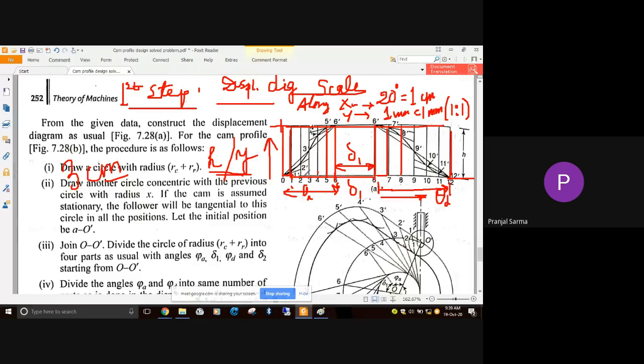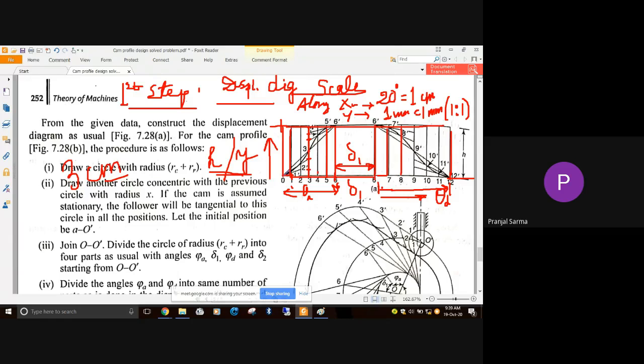Next thing is, for drawing the displacement diagram for uniform acceleration and retardation scheme, you have to consider the mid vertical line, that is the third line, this one. Whatever number of divisions you have done here, that is 6, you have to mark 6 equally spaced divisions here also. Suppose somewhere here, here, here, here, and the last one will be here.